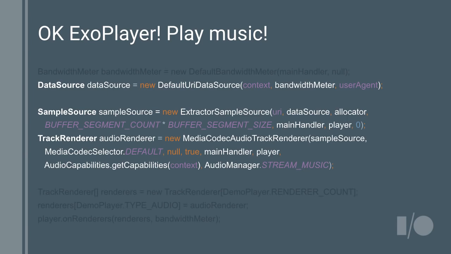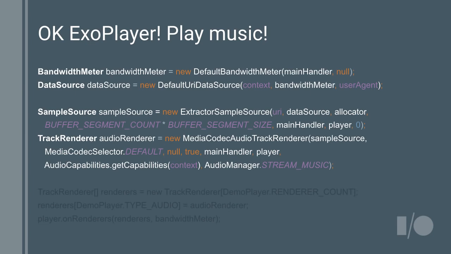The data source is another collaborator, which is created in the line above. Again, we have a DataSource Java interface, which is provided as a DefaultUriDataSource. And with the very same pattern, the DefaultUriDataSource needs a bandwidth meter, and this bandwidth meter, a concrete implementation of BandwidthMeter, is provided by the ExoPlayer library.